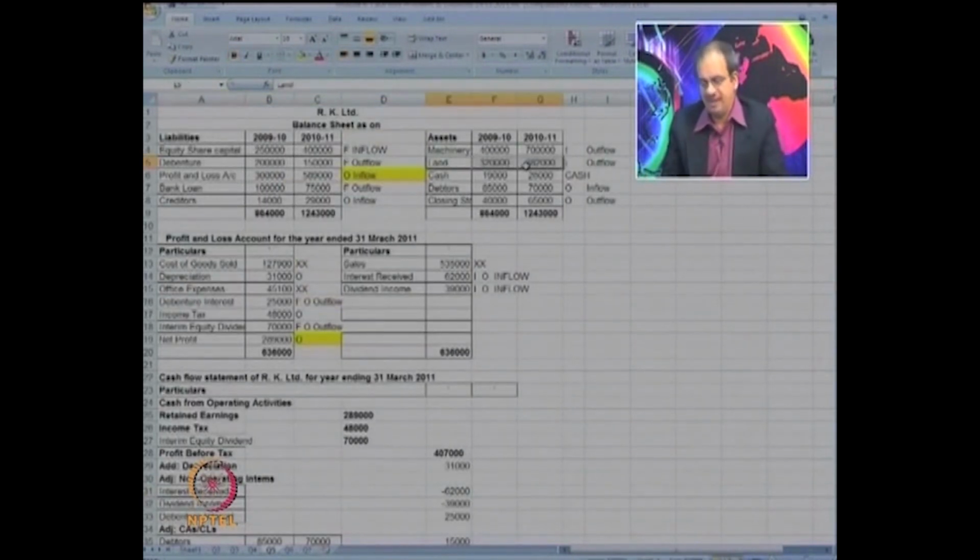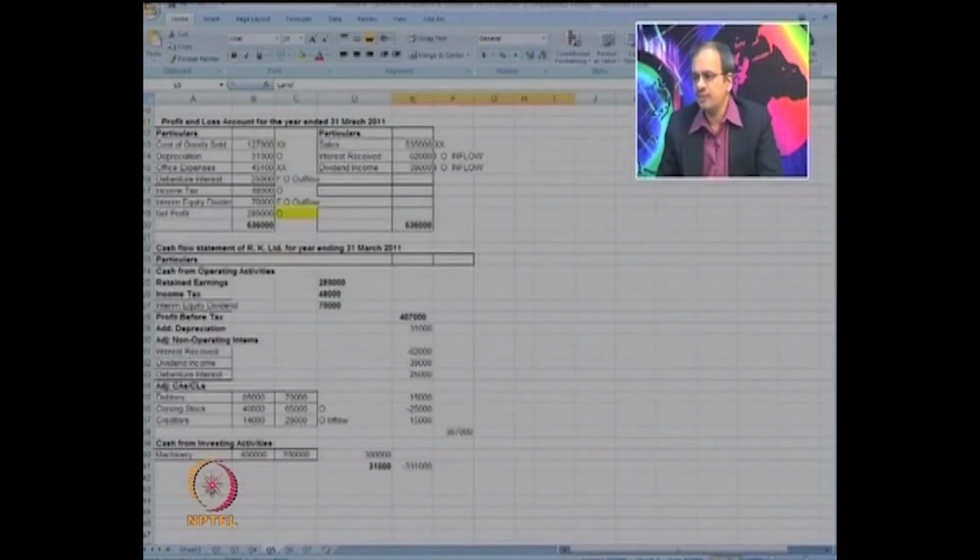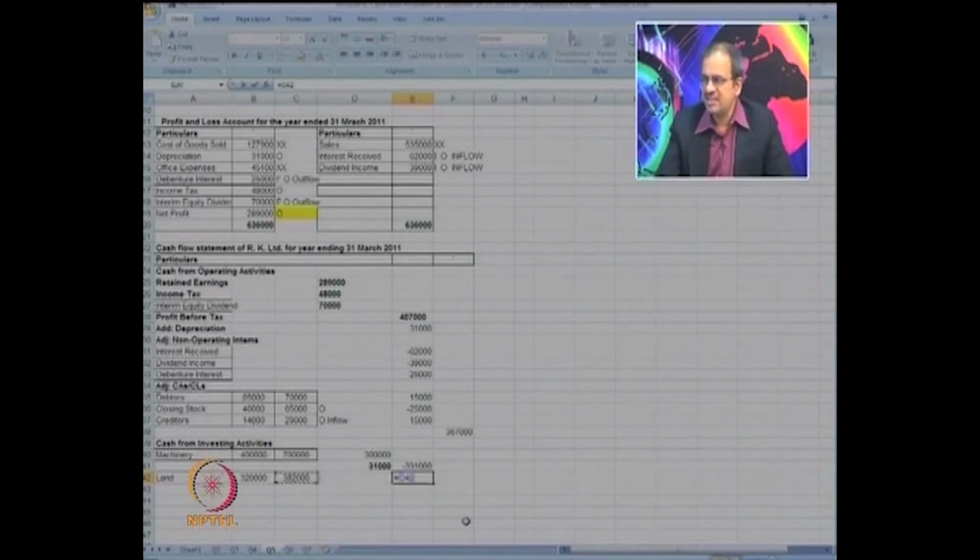Next item is land. Land, you can see again there is an increase, but this is relatively simple, because all the increase in land is nothing but an outflow. There is no problem of depreciation.